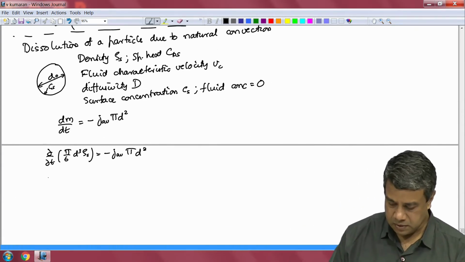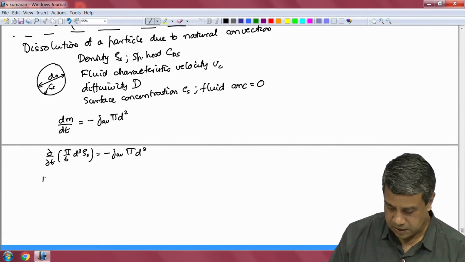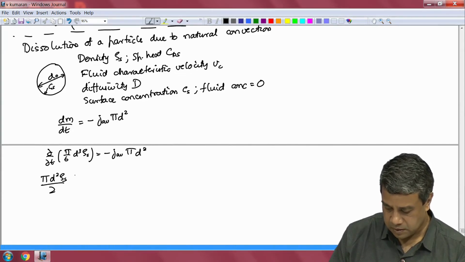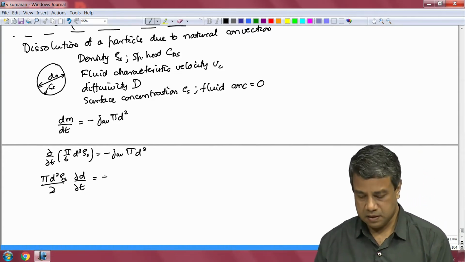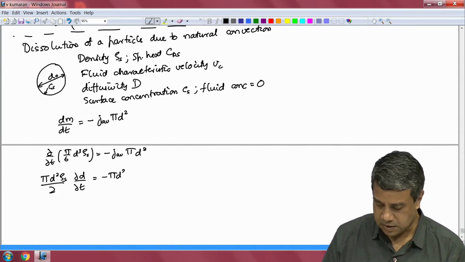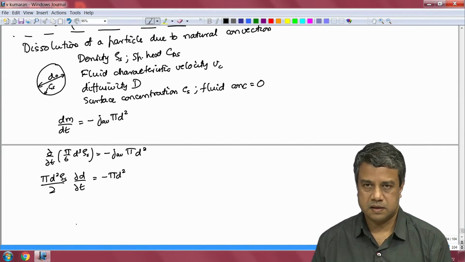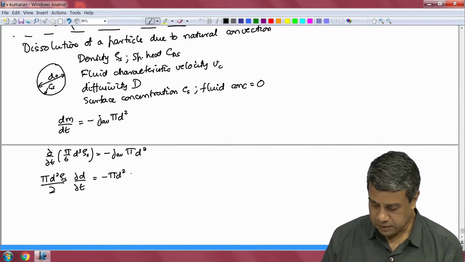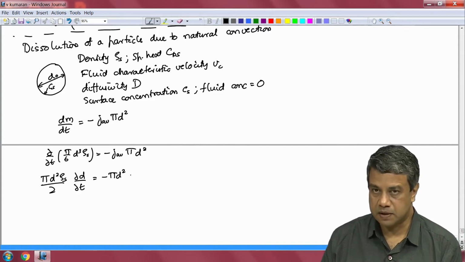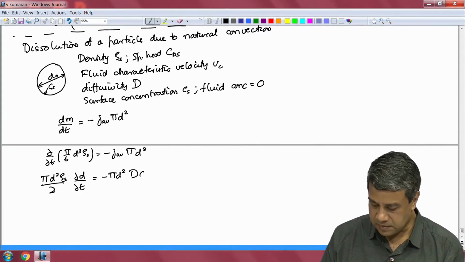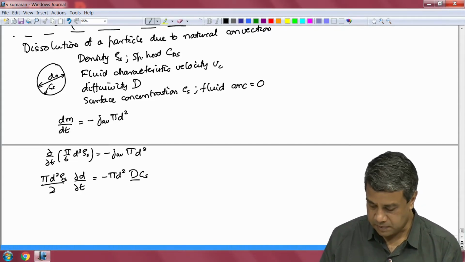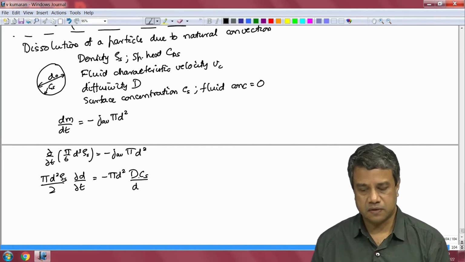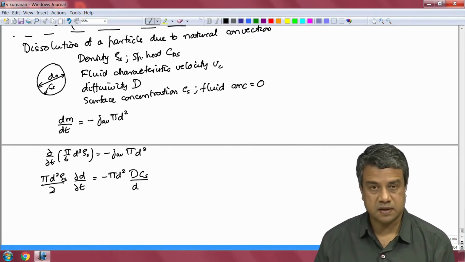Differentiating by chain rule, you will get that pi d square rho s by 2 partial d by partial t is equal to minus pi d square into the flux. The flux is expressed in terms of the Sherwood number correlation, D times Cs times Sherwood number divided by d. D is the diffusion coefficient, Cs is the surface concentration.